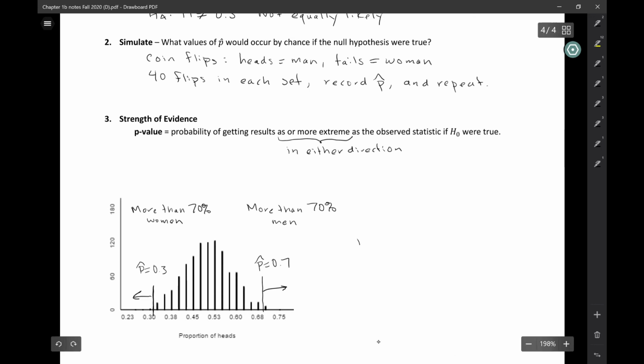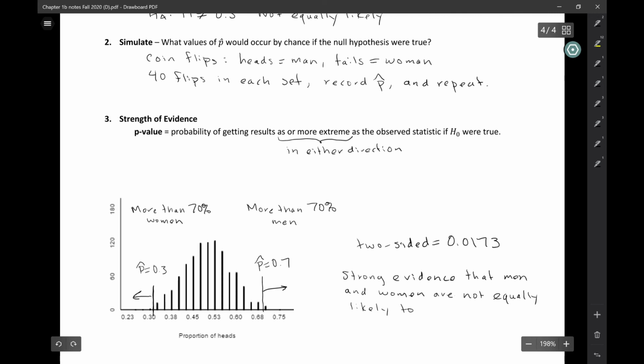So we count both of those in our p-value, and we counted on both sides. In this example, we ended up getting 0.0173. This gives us strong evidence against the null and for the alternative. So strong evidence that men and women are not equally likely, since that's our alternative, to say I love you first.